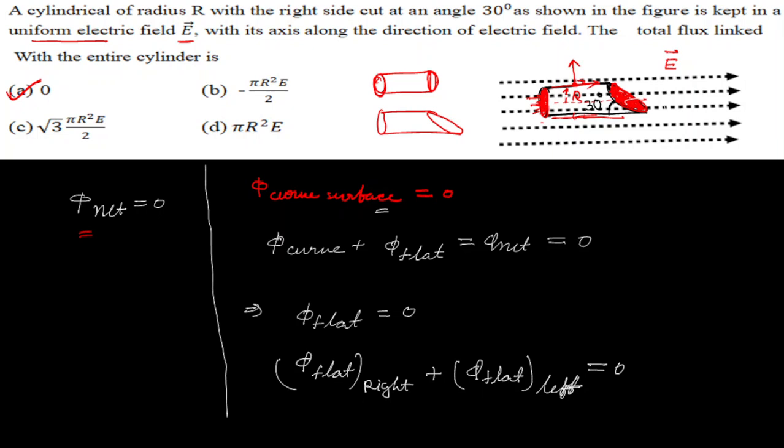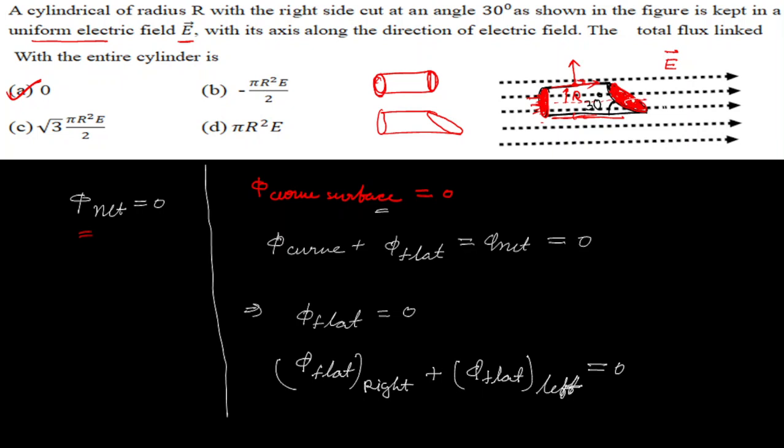If the semi-major axis and semi-minor axis are A and B, then the area of the ellipse will be pi AB, and then we take the dot product with this electric field.